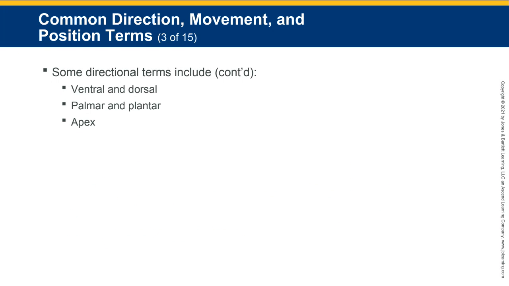Some other directional terms include ventral and dorsal. Ventral is the same as anterior, and dorsal is the same as posterior. Palmar is the palm surface of the hand, plantar is the bottom of the foot, and apex is the point of a structure. So you have the apex of the lungs, you have the apex of the heart.